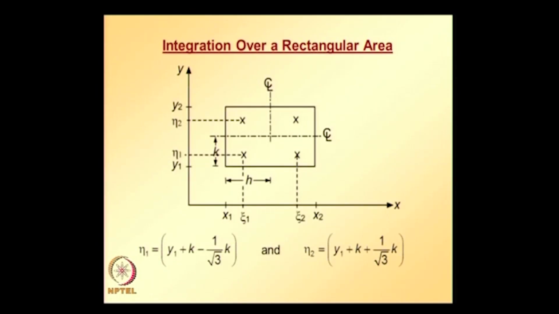Eta 1 is equal to y1 plus k minus 1 over root 3 times k, and eta 2 is y1 plus k plus 1 over root 3 times k, and the corresponding weights w1 and w2 are equal to k, that is half the dimension of the rectangular area along the y direction.